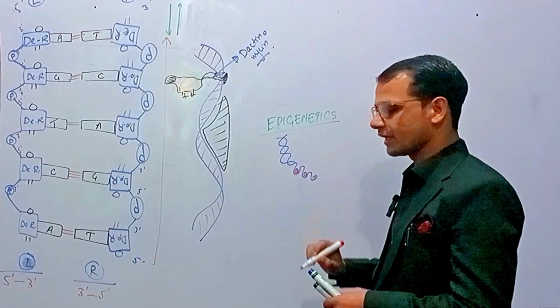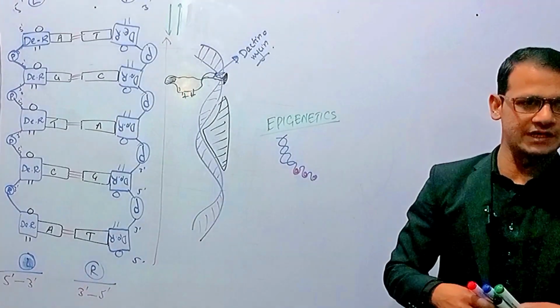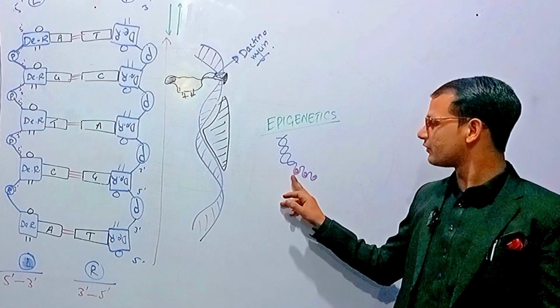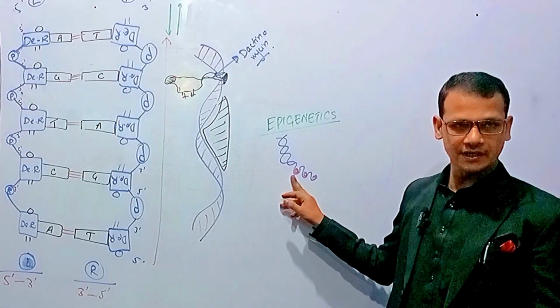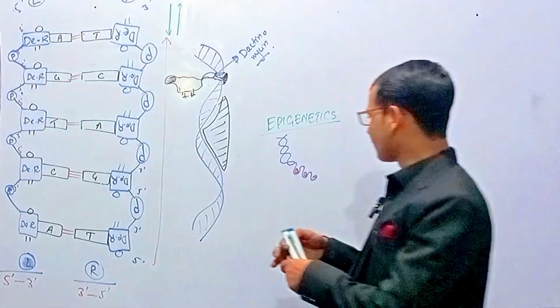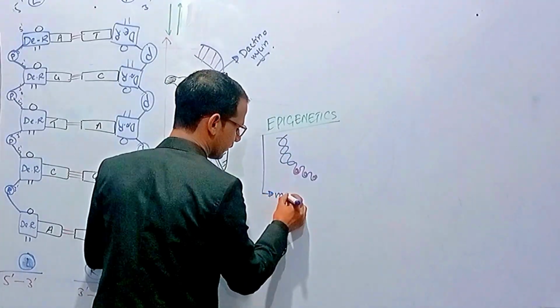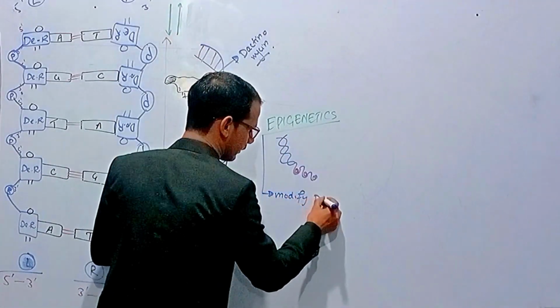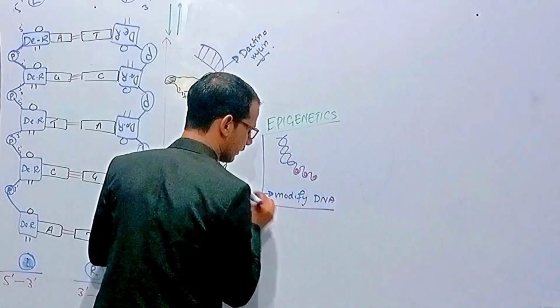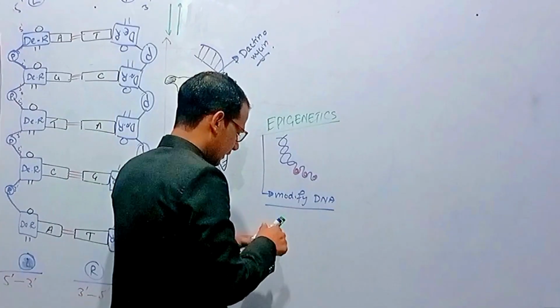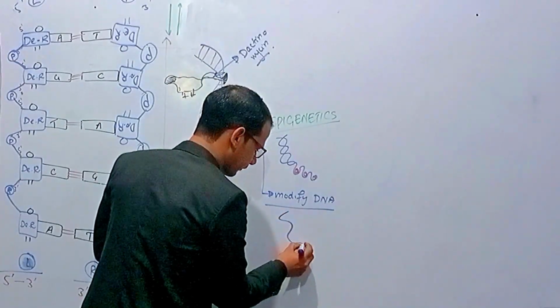If we modify DNA, it is called epigenetics. So we can modify the DNA and also we can modify the histone protein, right? For example, if we modify DNA, this is DNA.